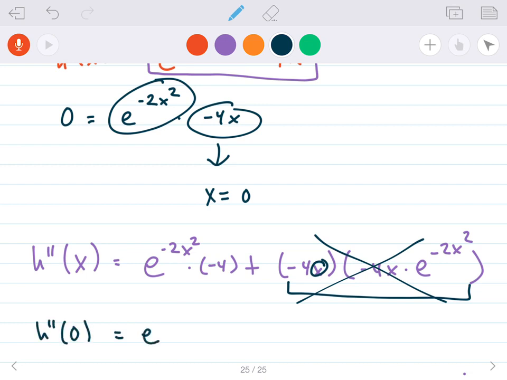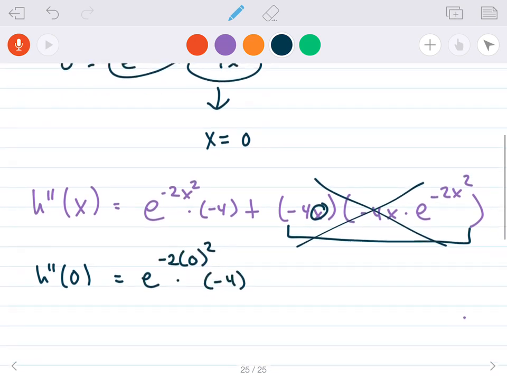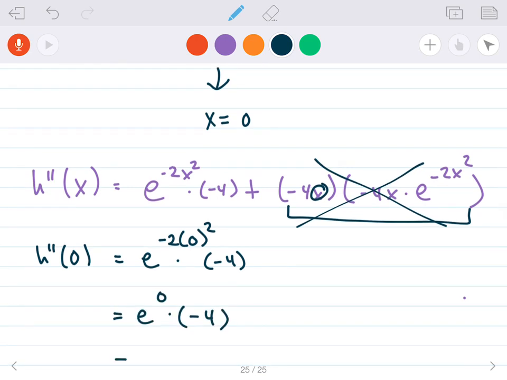If I plug in 0 here for x times -4, well, in the exponent, I just get 0. So I just get e to the 0 times -4. Now, anything to the 0 is just 1, and so I end up getting a negative answer with my critical number. So that's telling us that I have a local max on the original function at x equals 0.